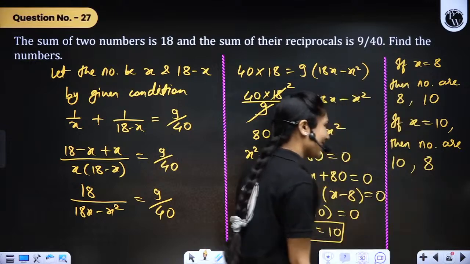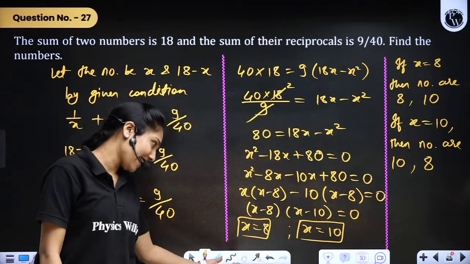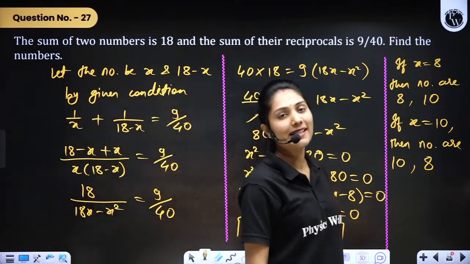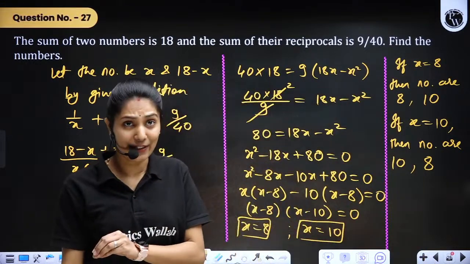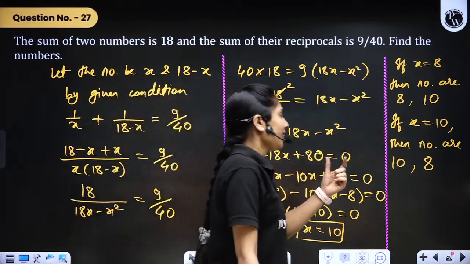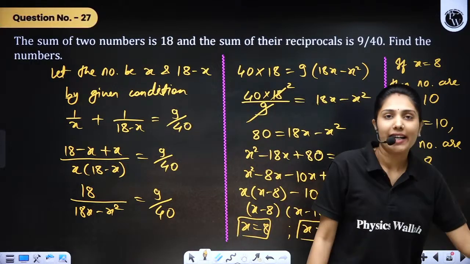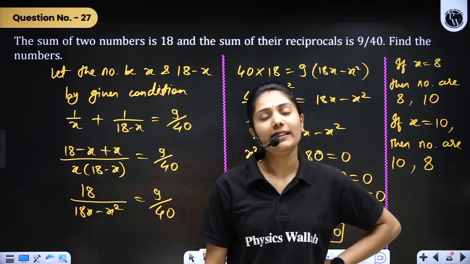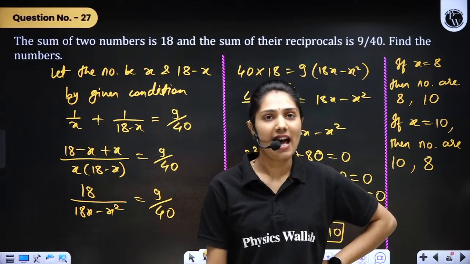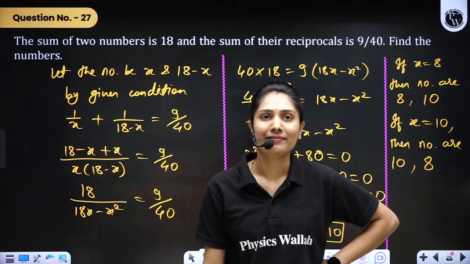So both are the same. If you choose x as 8 or x as 10, you'll get the same numbers. So at the end, you can write a single statement that the numbers are 8 and 10. That's the final answer. Is that clear, beta?